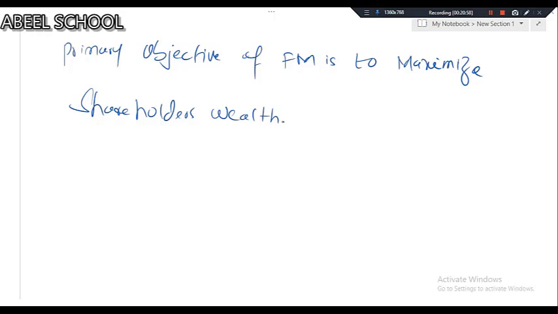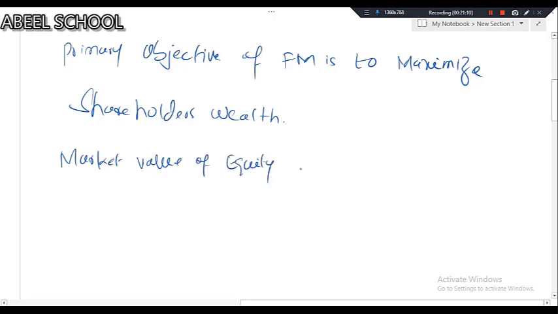Now the question is, how do we calculate market value of equity? Look at this. Market value of equity: how do we calculate? You have to take share capital and divide it by par value. Logically, I will get the number of shares issued.